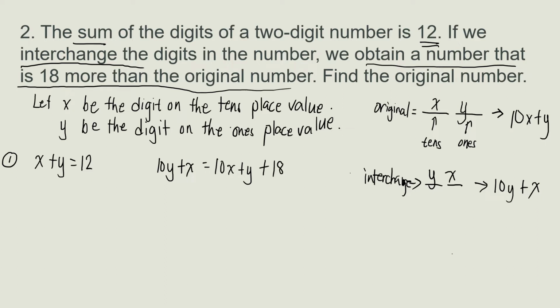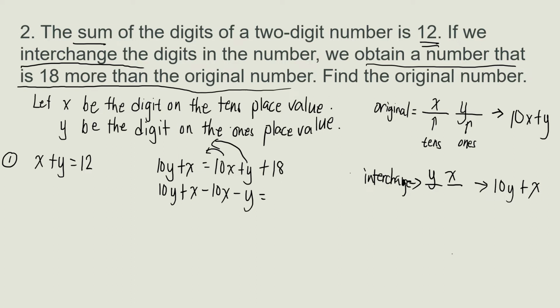But let's simplify and combine like terms. Let's move everything to the left side. So you will have 10y plus x minus 10x, minus y.